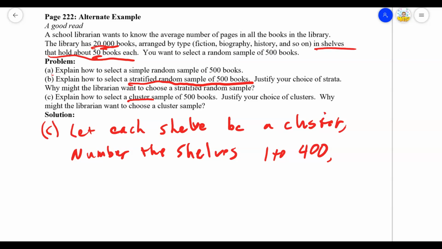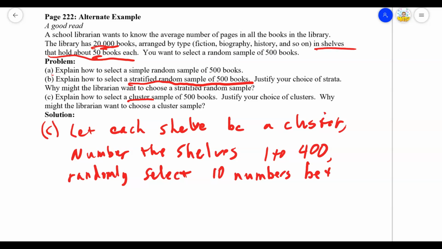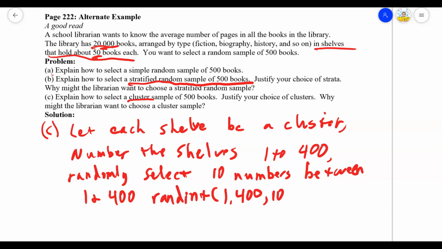And then we randomly select ten numbers between 1 and 400. How do I do that? Random integer, 1, comma 400, comma 10.